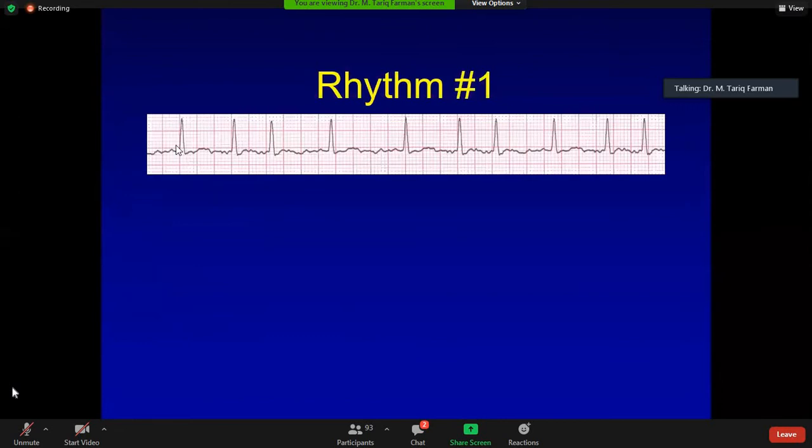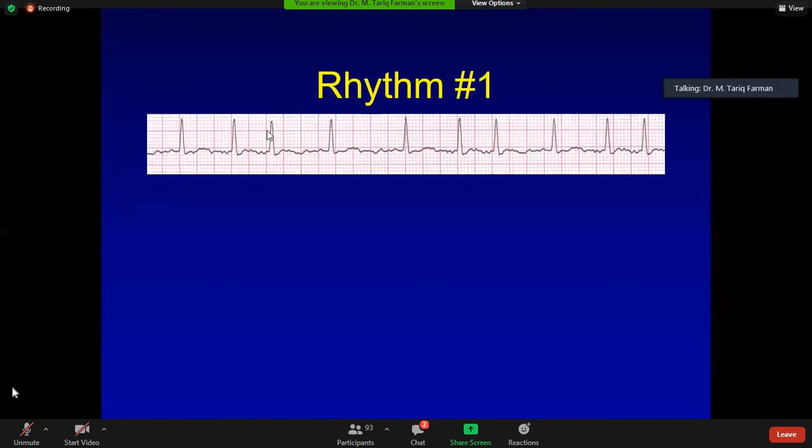Now this is rhythm 1, and you can see the QRS complex, QRS complex, QRS complex, but there is no definite P wave, right? You can see the fibrillatory wave, but there is no definite P wave.